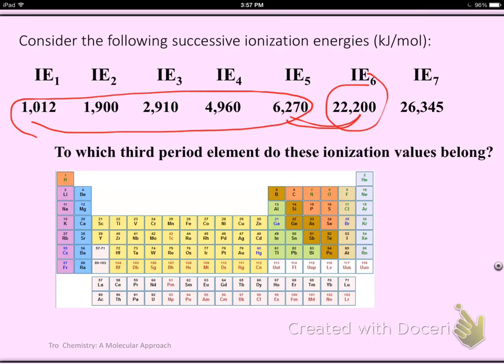So I am an element in the third period where I have 5 electrons, 1, 2, 3, 4, 5, not so bad. But the 6th is pulling from the core. So if the 5 I can do with a reasonable amount of energy, and the 6th requires a big jump, I must be phosphorus. Okay, so we're going to stop there.